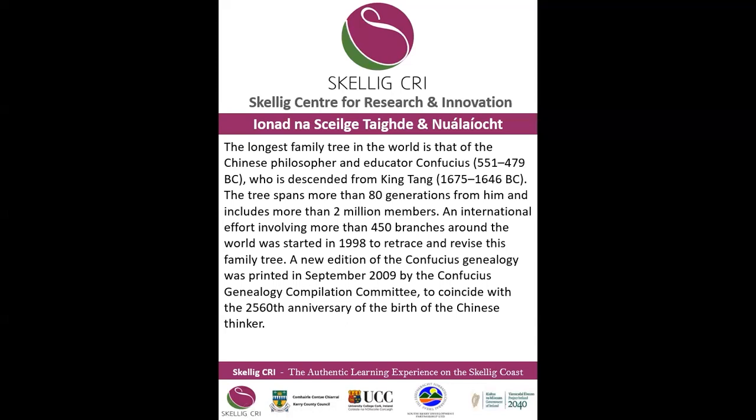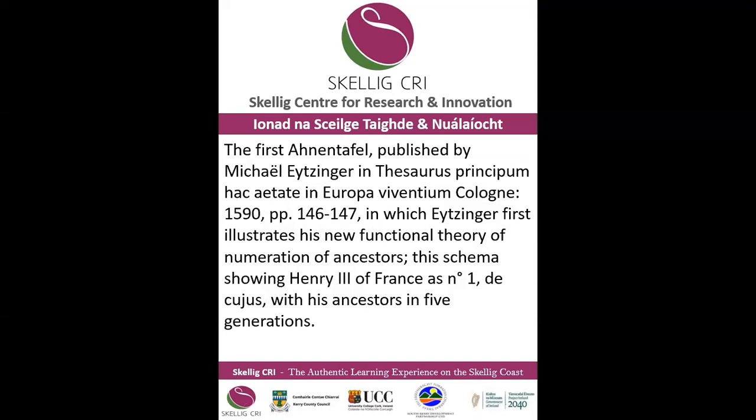So we know that Elizabeth I, we have a tree of hers going back to Adam. How trees are displayed and what they mean is of immense importance to those.